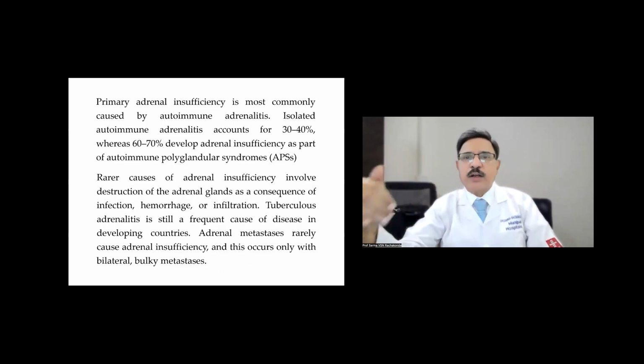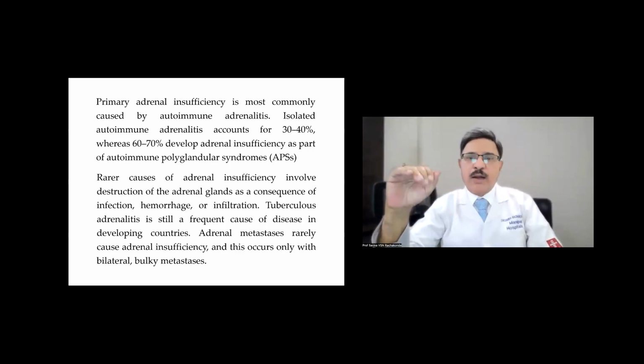Rarer causes of adrenal insufficiency involve destruction of the gland as a consequence of infection like tuberculosis, infiltration like amyloidosis, hemorrhage like Waterhouse-Friderichsen. Tuberculous adrenalitis is still a frequent cause of the disease in developing countries like India. Adrenal metastasis rarely causes adrenal insufficiency. This occurs only with bilateral bulky metastasis.